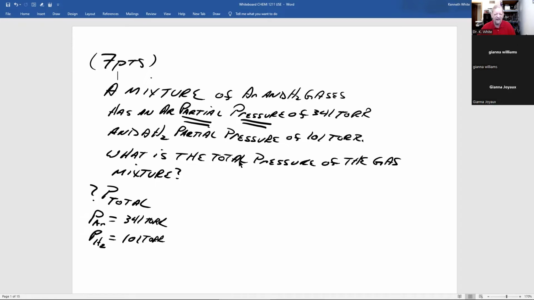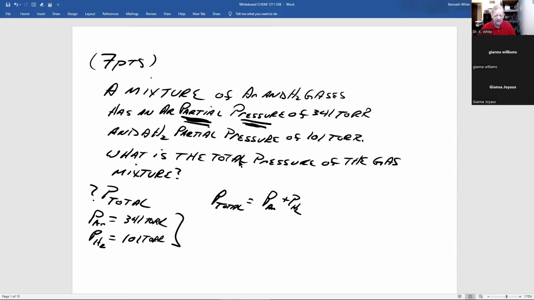And like I said, as soon as you see partial pressure, you know Dalton's law of partial pressure. The total pressure is equal to the sum of the partial pressures. Well, in this case, there are only two partial pressures, that of argon and that of hydrogen gas.